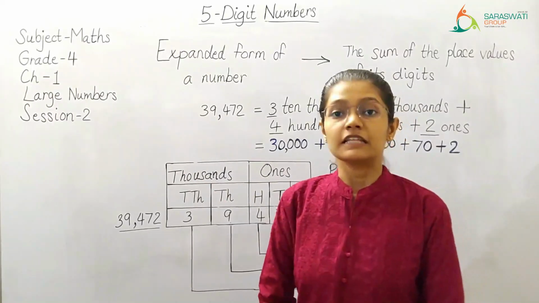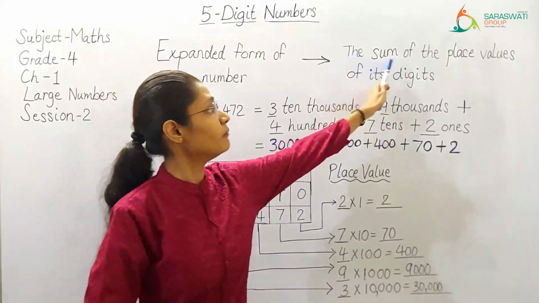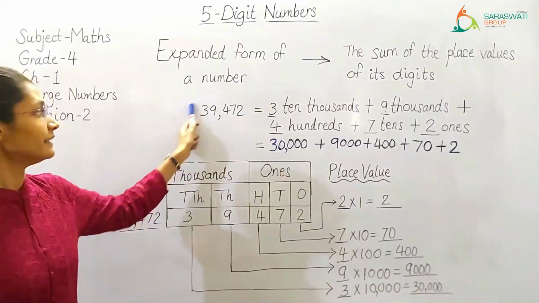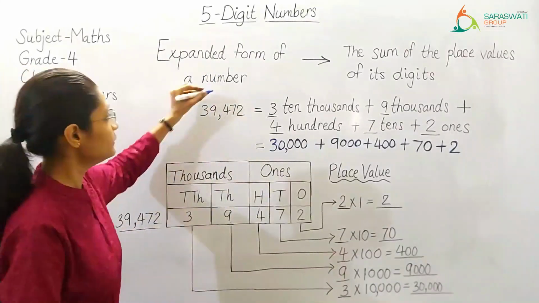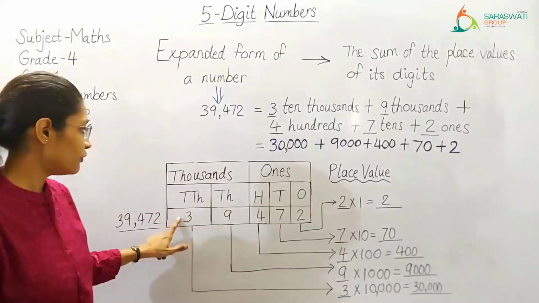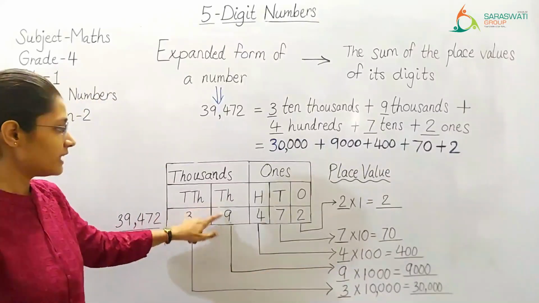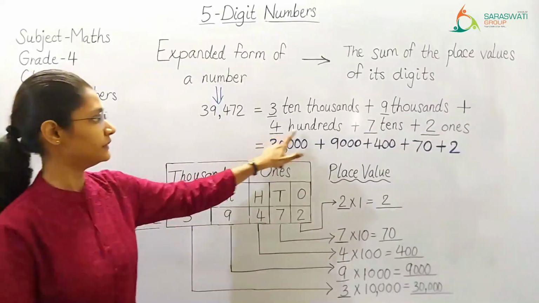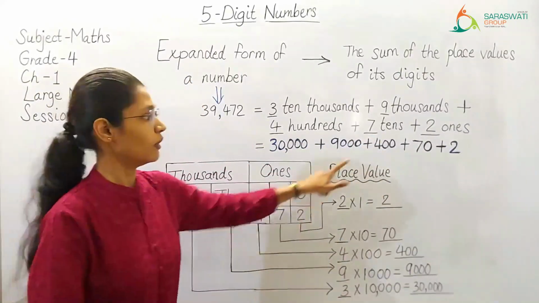Now students, the expanded form of a number is equal to the sum of the place values of its digits. So taking this same example, the expanded form of this number will be 3 ten thousands, add 9 thousands, add 4 hundreds, add 7 tens, add 2 ones.